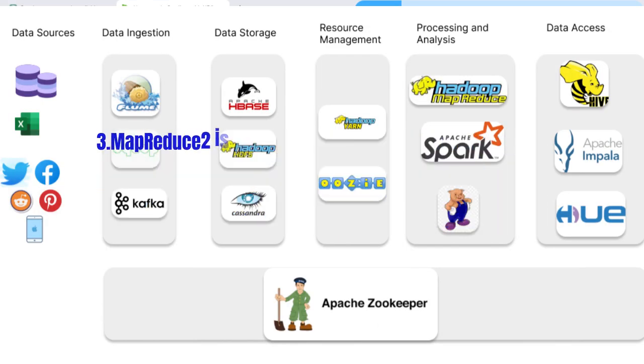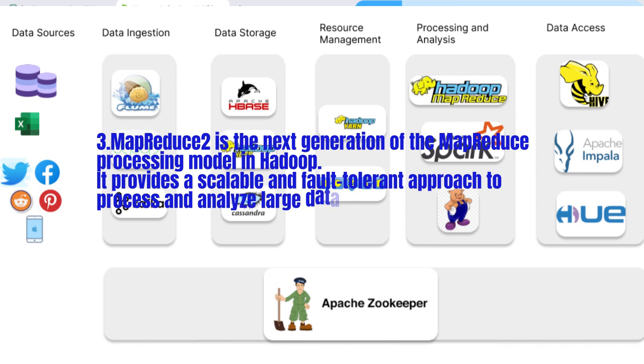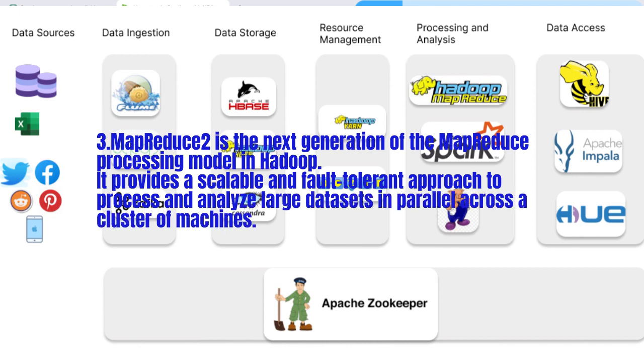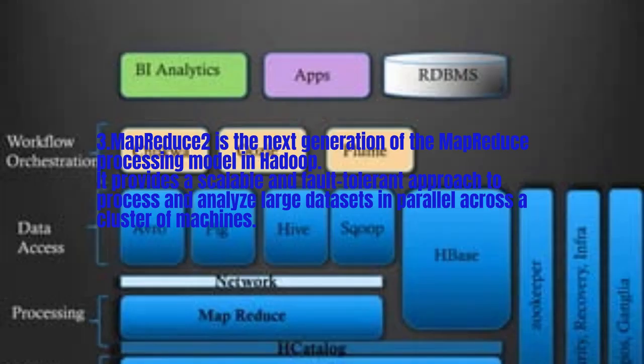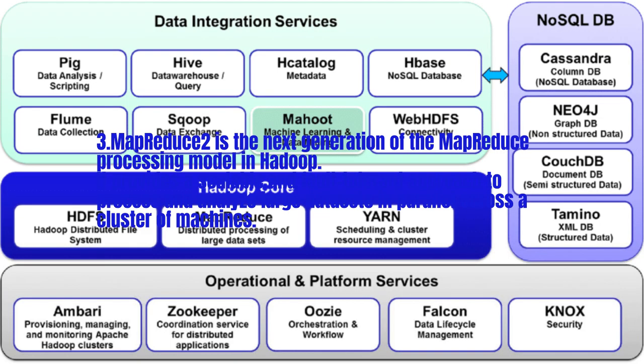MapReduce 2 is the next generation of the MapReduce processing model in Hadoop. It provides a scalable and fault-tolerant approach to process and analyze large datasets in parallel across a cluster of machines.